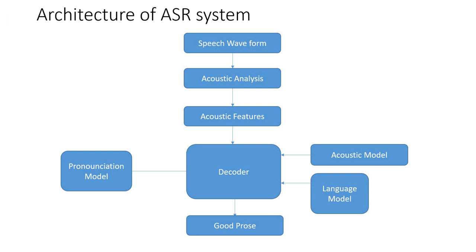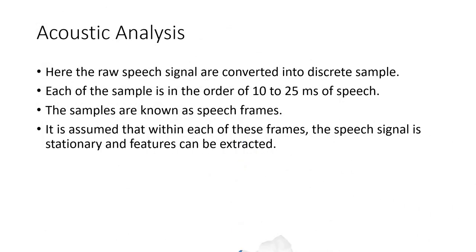These are all the modules that come into the picture for an ASR system. To understand the mathematics behind speech recognition, we need only one module, that is acoustic analysis.